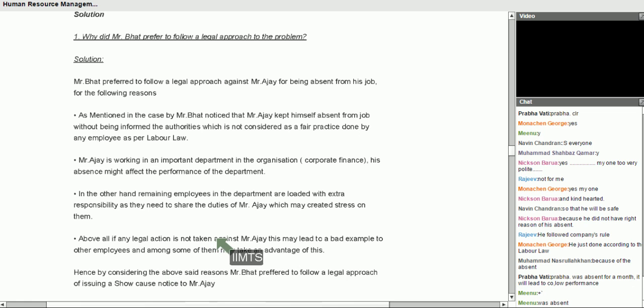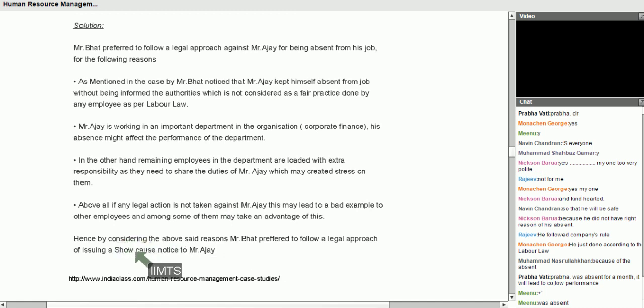The organization has to set an example to their employees, because otherwise from next time other employees also take this for granted. Hence, by considering the above said reasons, Mr. Bhatt preferred to follow a legal approach of issuing a show cause notice to Mr. Ajay. So 1, 2, 3, 4. These are the 4 reasons. Which is fair? Clear, everyone?